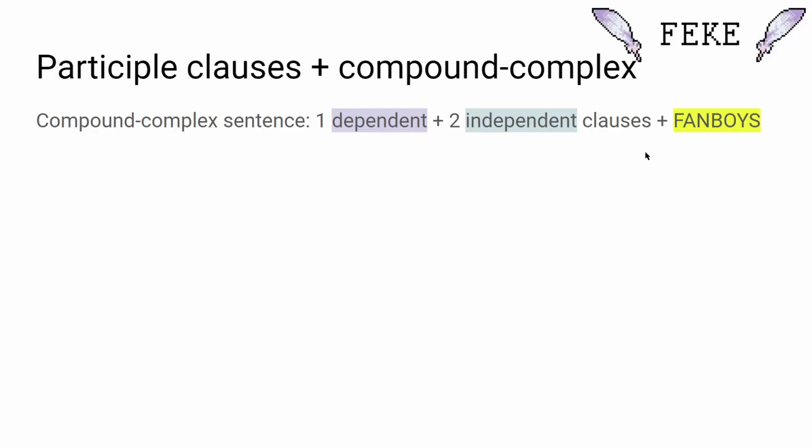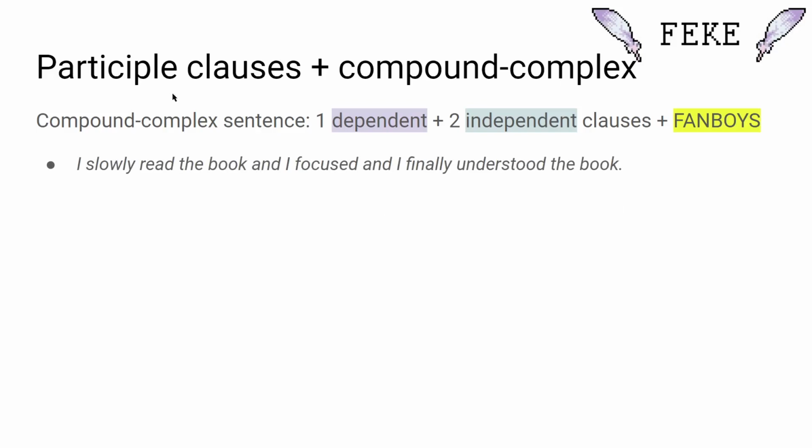Now the fanboys consist of for, and, nor, but, or, yet, so, therefore fanboy. And we can swap these around as we see fit. Now I'm going to try to illustrate how you can use a participle clause as a part of a dependent clause in order to make them join together, helping you guys create more varied ways of expressing yourselves when speaking and writing in English.